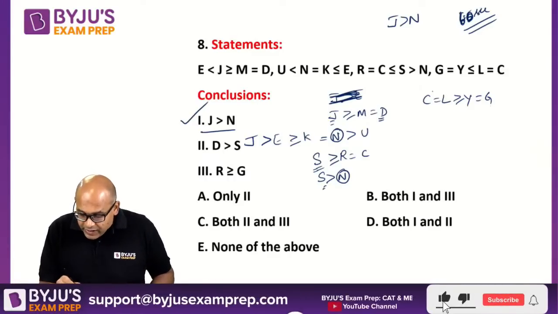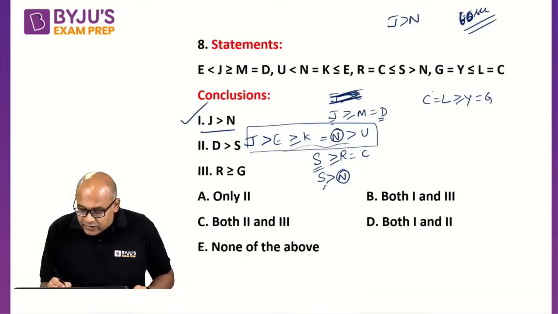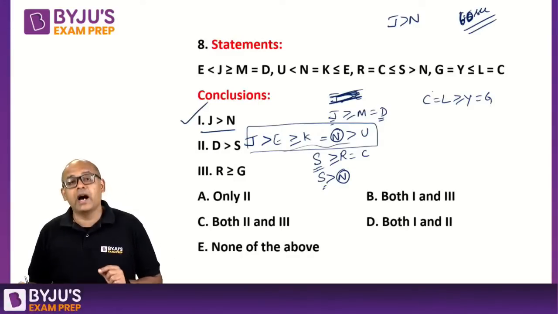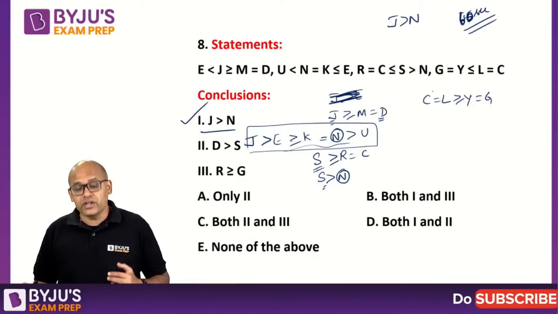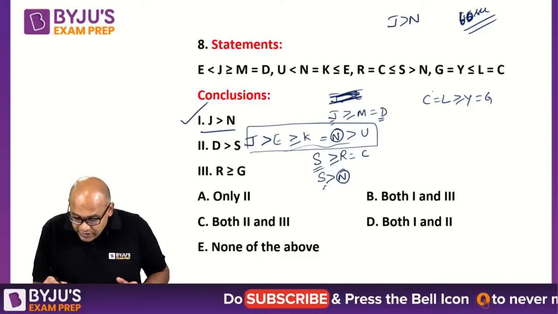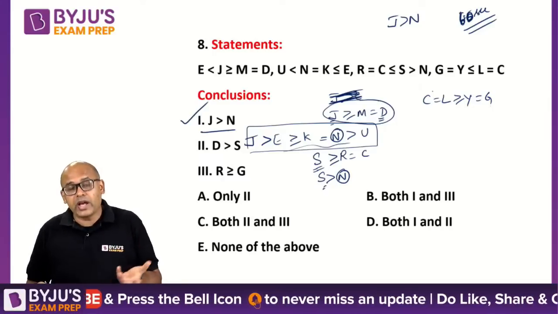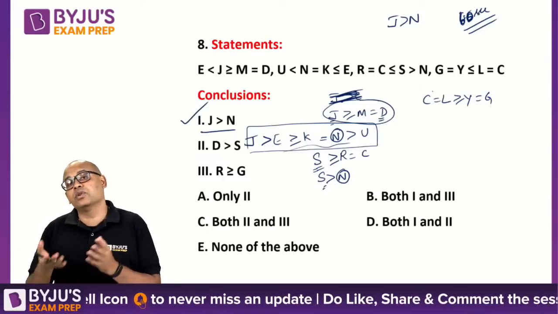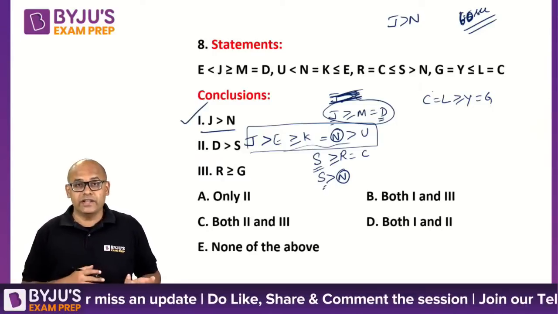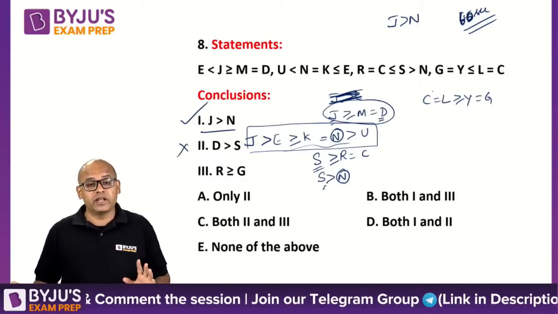J is related to all of these, but there is nothing here which relates your S, R or C. There's some relation between J and D, but you don't have any relation between J and S, so therefore there is no relationship between D and S either. So 2 cannot be concluded for sure. You have to look at only 100% confirmation.